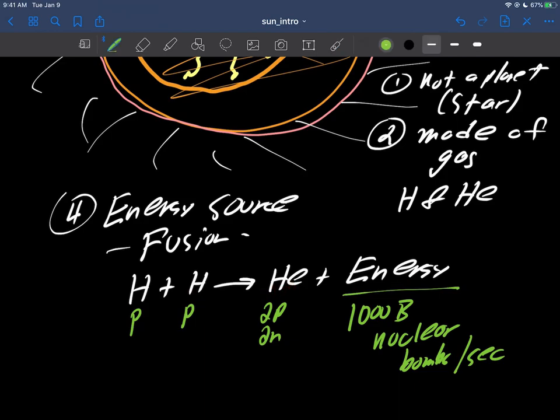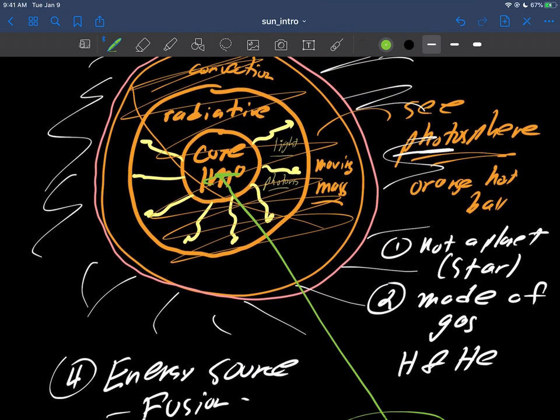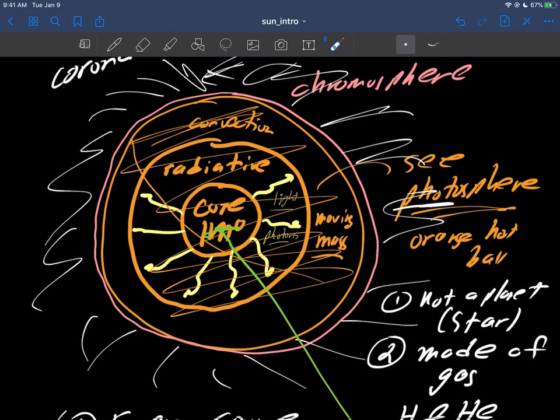So that is the mechanism inside the sun, this energy that comes out in the core right there. So the energy is generated in the core, it radiates outwards in terms of light or electromagnetic energy, causes convection cells in the convection zone, which is actually the moving mass moving up and down, and then it gives us everything else we'd expect, a pinkish chromosphere and this wispy corona on the outside.